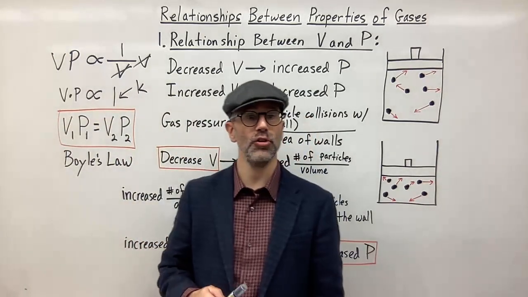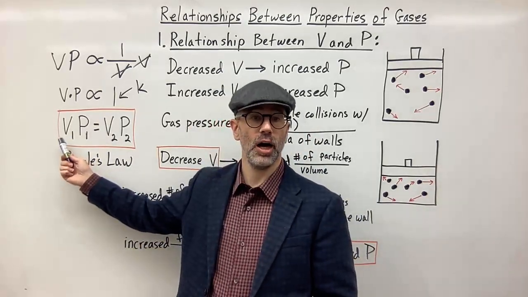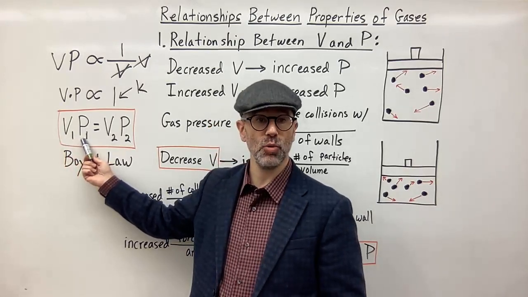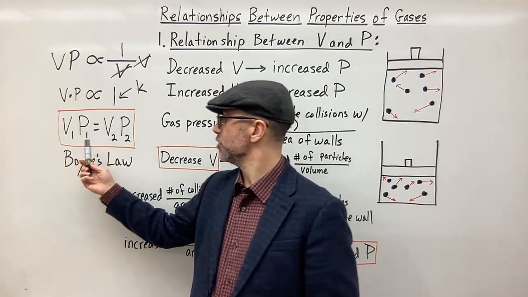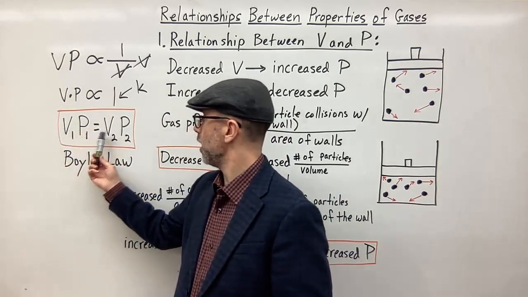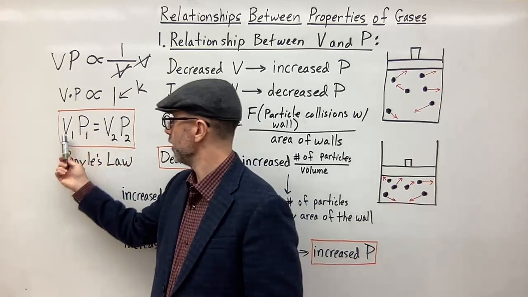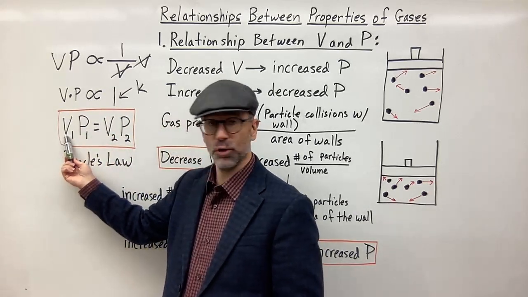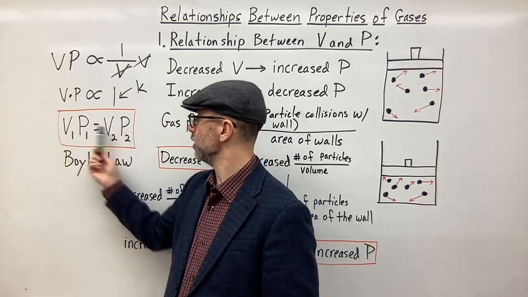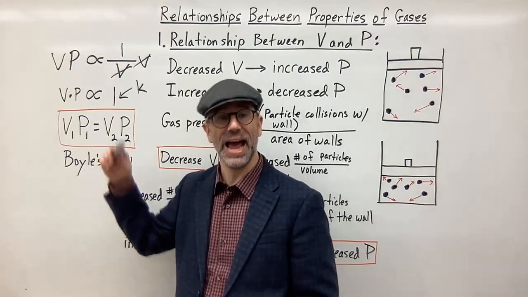So basically, Boyle's law says that if you change the volume of a given gas, then the pressure will change inversely. So in order for this to be true, these sides have to be equal. If I double the volume, then in order to keep this equal, the final pressure has to be halved.